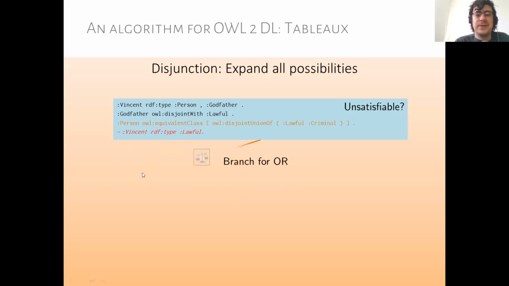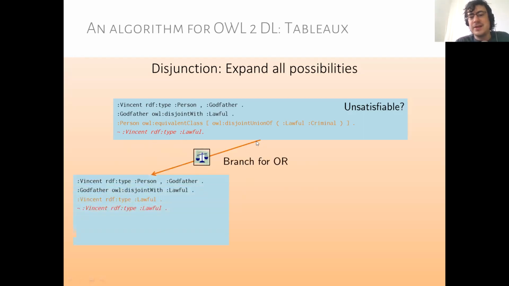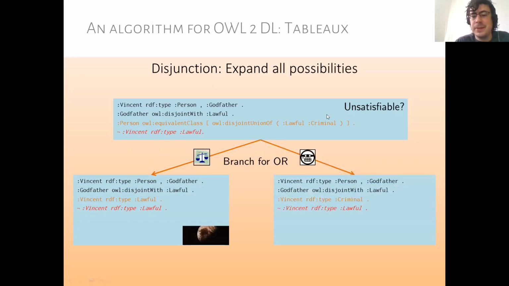And then we check each of the branches and we see, okay, let's assume that Vincent is lawful. What happens? Well, this is inconsistent, right? So that's first branch down. What about the other possibility when Vincent is a criminal? So when we say Vincent is a criminal and Vincent not lawful, if we look at this, we find no inconsistency. There's no obvious inconsistency here.